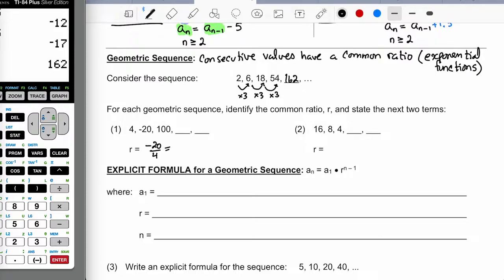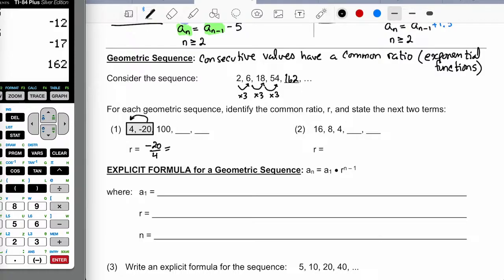So take any two consecutive values and divide them. That'll be your common ratio. Except the order matters here. The term later in the sequence gets divided by the term earlier in the sequence. So when I take these two numbers and divide, I'm dividing the negative 20 by the 4 in order to determine what 4 has to be multiplied by in order to get to the negative 20.